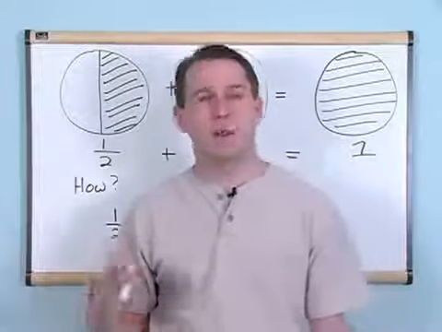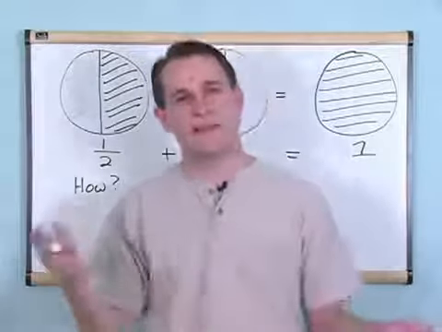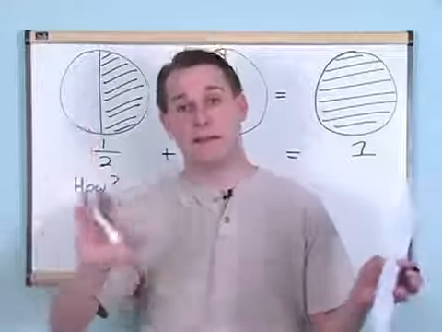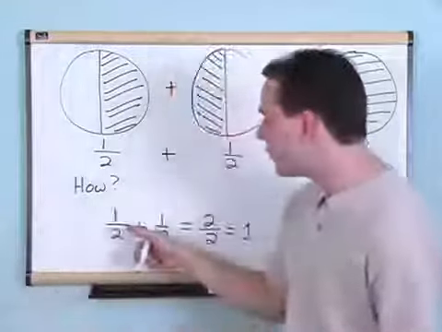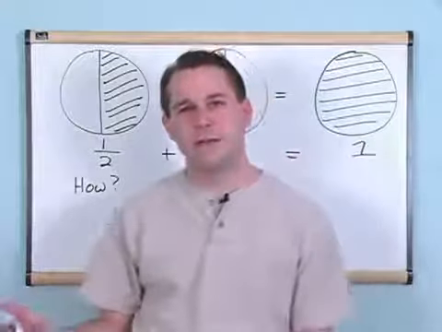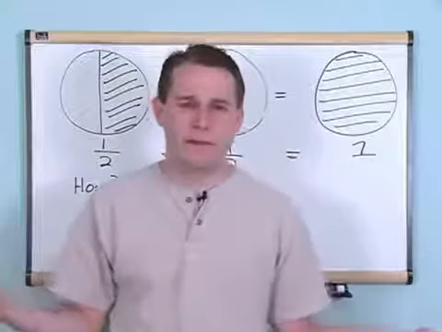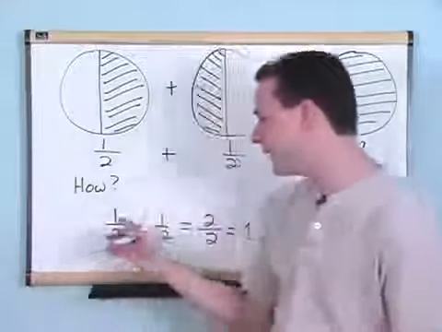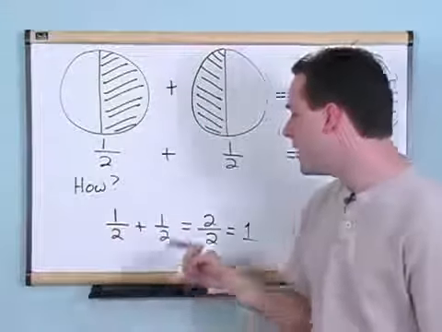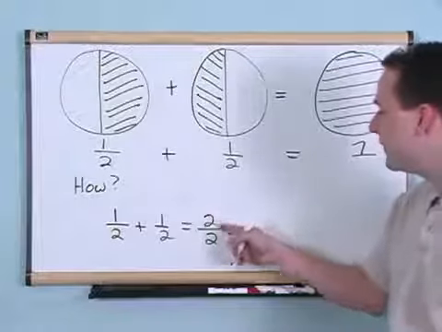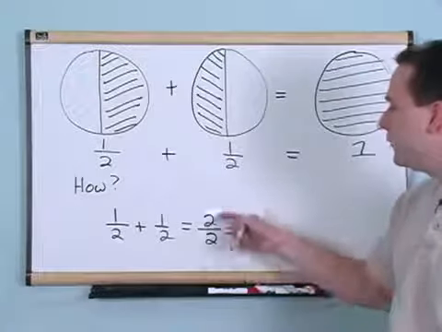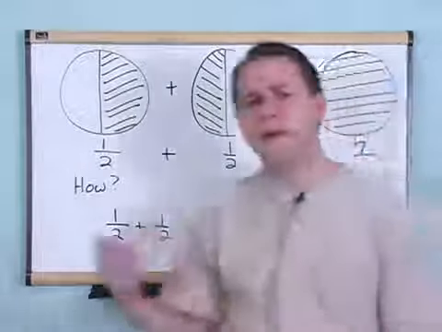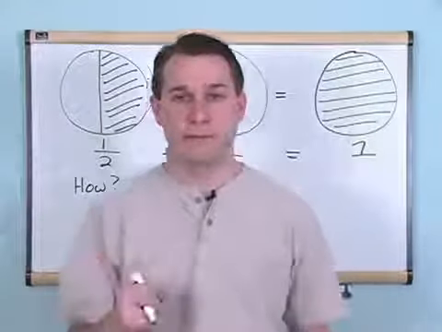But since 2 cannot be divided into 1, because we've already talked about the fact that in order to divide, you have to be dividing into a bigger number, this number is going to be less than 1, and so you just keep writing it as a fraction. But over here, when you have 2 over 2, this is like division. So 2 divided by 2, which is what a fraction really means, you can just do that, and you can make that a 1 there.